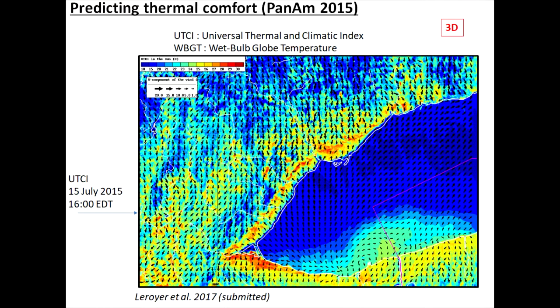So it could be implemented in this platform, and this is an example on one day where you can see the influence of mesoscale effects, like the lake breeze, that can be seen even on the heat stress indices.